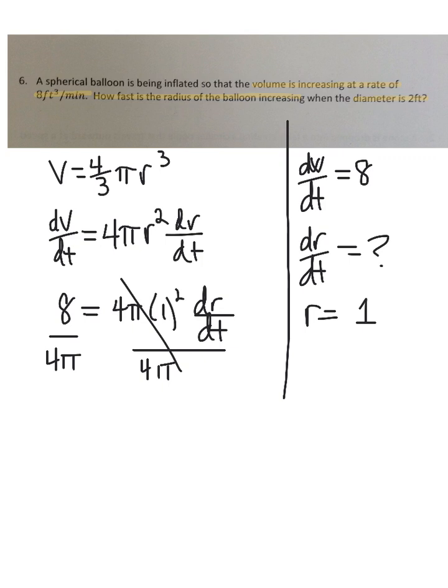And then I'm just going to simplify the other side. Now, just be careful. Make sure that the pi stays in the denominator. Okay, so 8 divided by 4 is 2, but the pi has to stay in the denominator, even though the 4 gets canceled out. Now, we are talking about dr/dt, so the units would be feet per minute. And that would be your dr/dt.